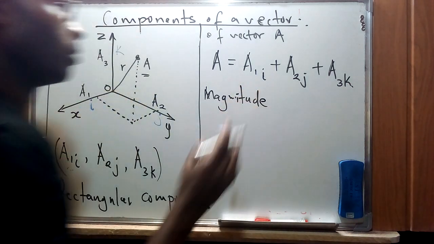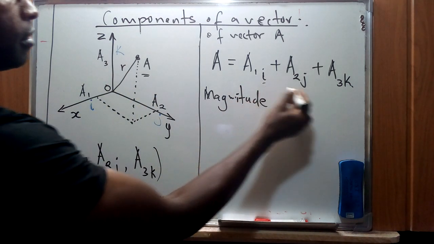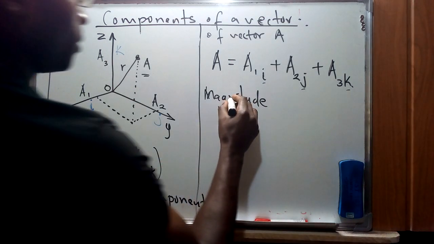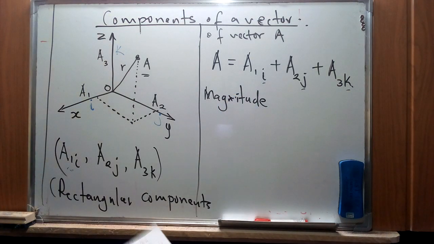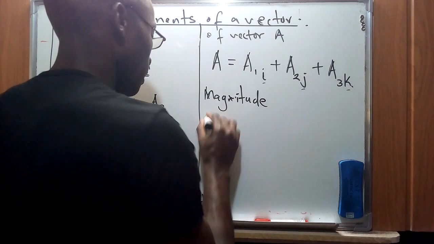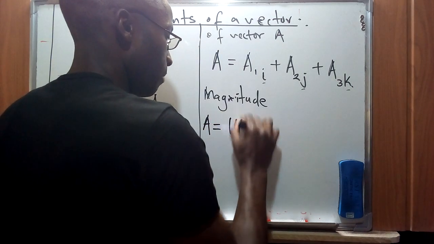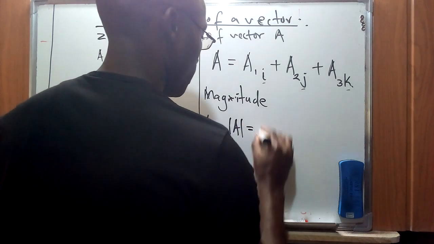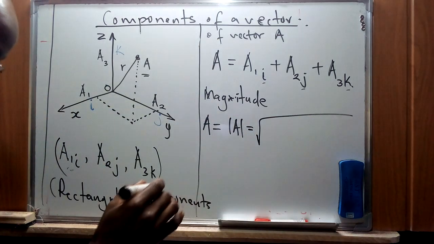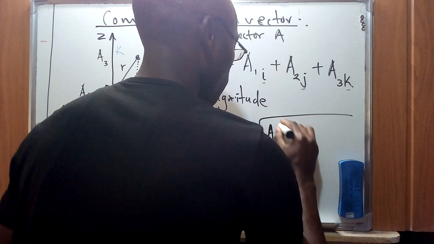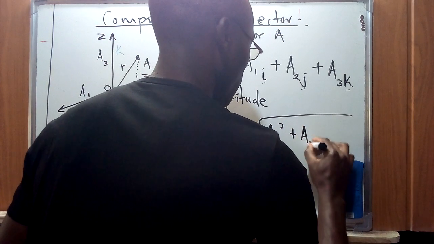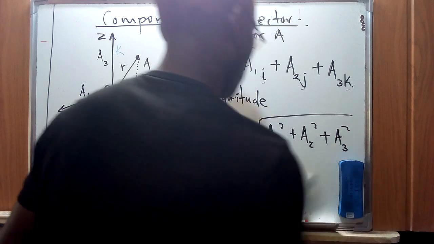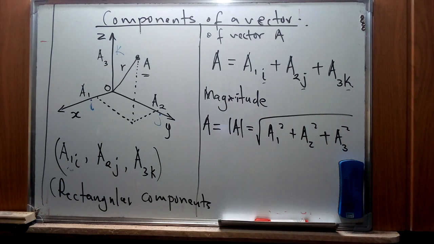In that case, now that we have described the components of the three directions in three-dimensional space, we can also describe the magnitude of that vector by giving it as the magnitude of A. Mathematically, this is represented as the square root of the sum of the squares of the three components of the vector. That is going to give us the magnitude.